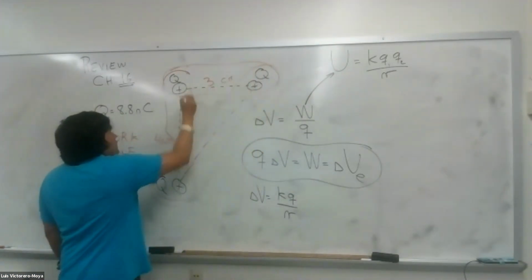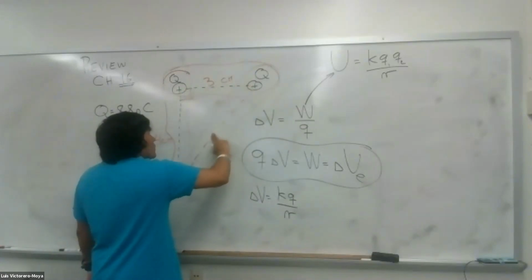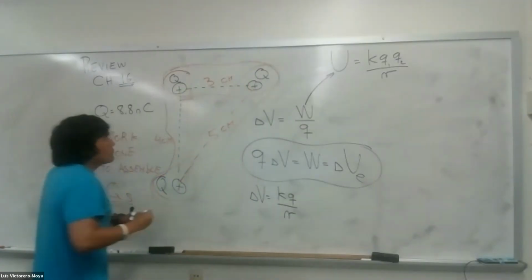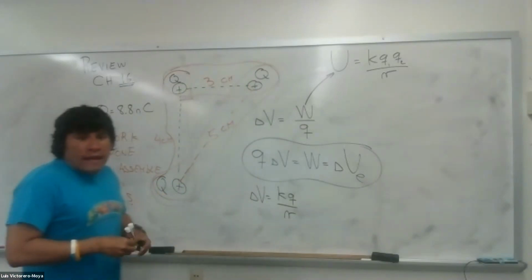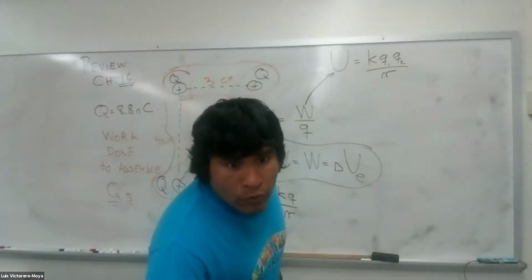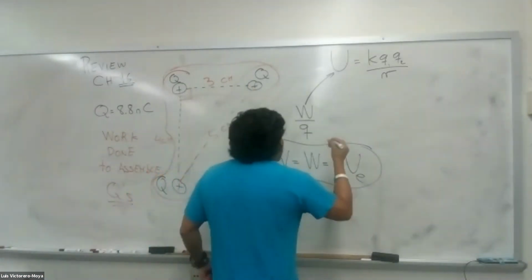This is 90 degrees. 3, 4, the distance between these two is 5 centimeters. Right? So now let's compute the energy at this part.